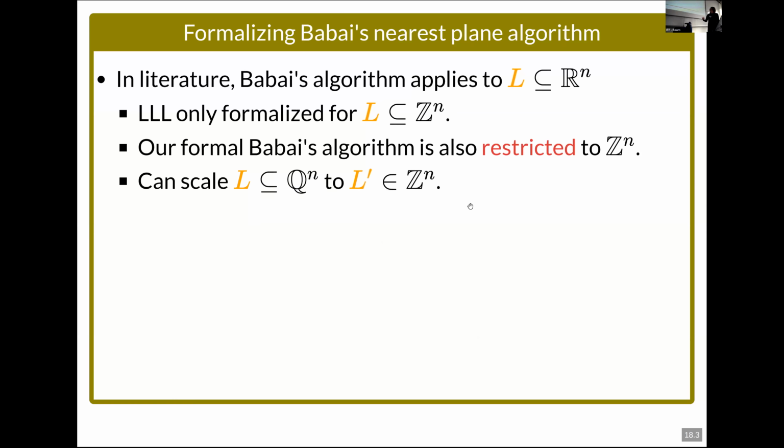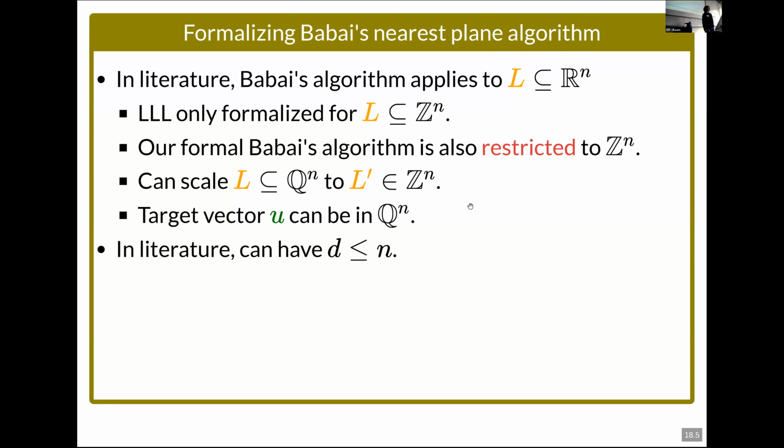But we can, of course, scale any rational lattice to an integer lattice, right? And so we do use this trick. We have, remember, this 1 over p in our lattice. We scale everything by p, so we end up with an integer lattice. And in general, you can take your target vector from Qn. Also, in the literature, we often have d less than or equal to n, so the dimension of the lattice can be less than or equal to n.